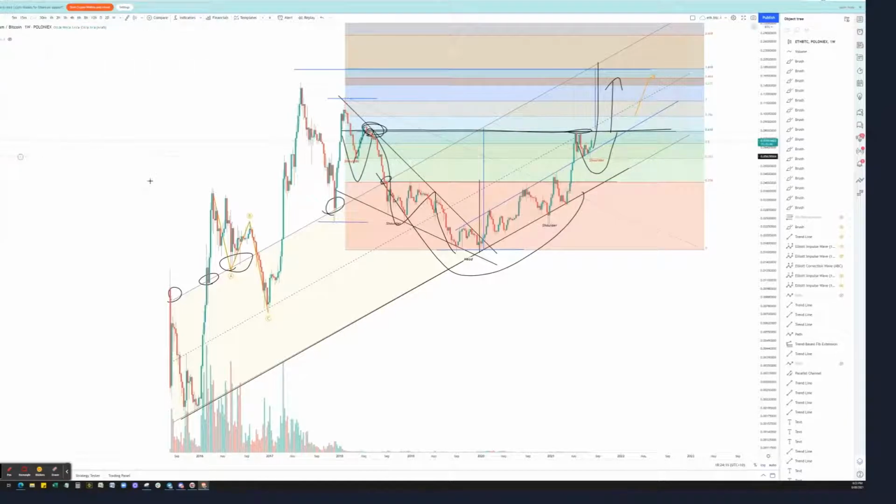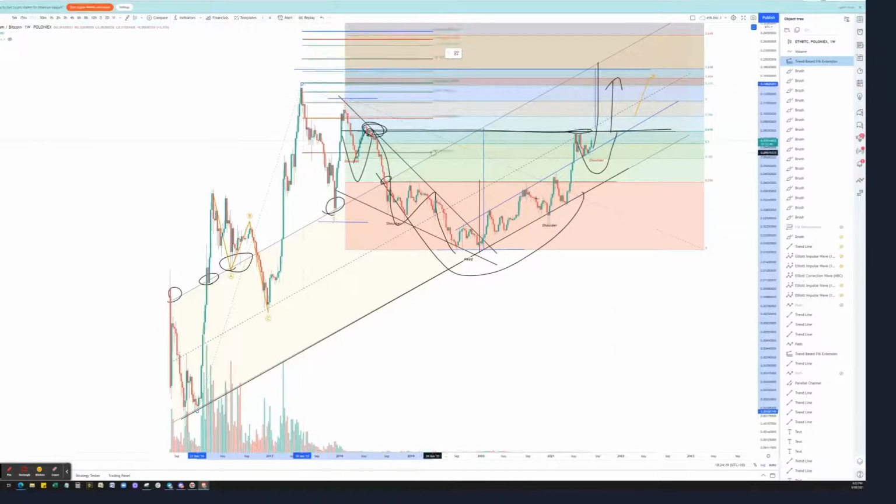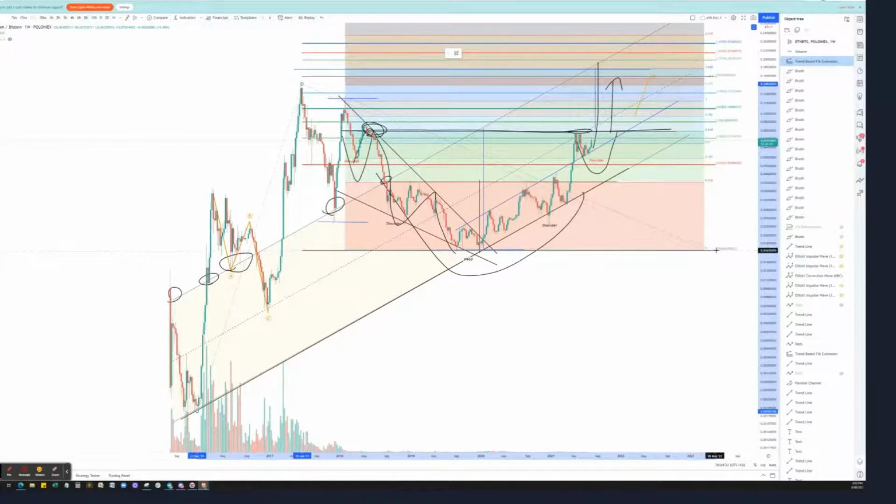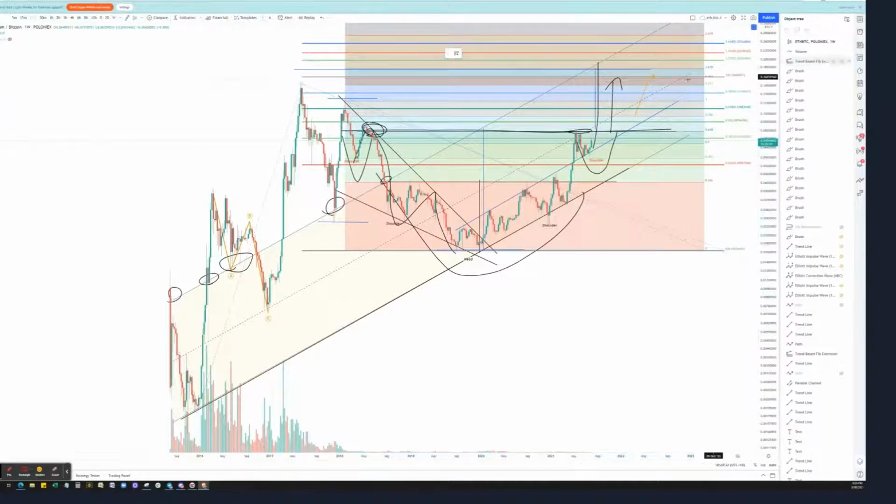So they have confluence. The other way you can do it, I suppose, is top, swing low, do that, and it equates to just above 1. So that could be a range if we were to do that. So this could be a range as well, all the way over extension.